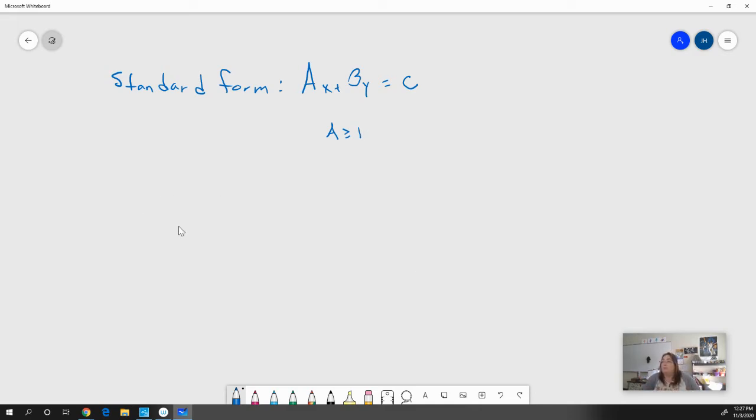And so the form that we prefer, and you guys all know, anytime I talk about it at the beginning of a year, when I ask about what they know about writing equations, they all know y equals mx plus b.